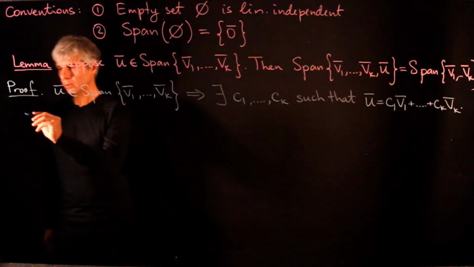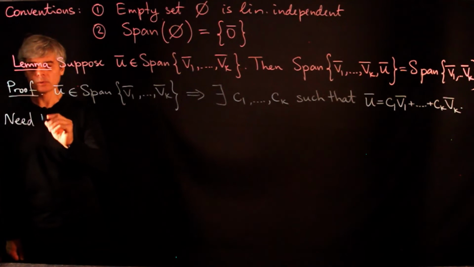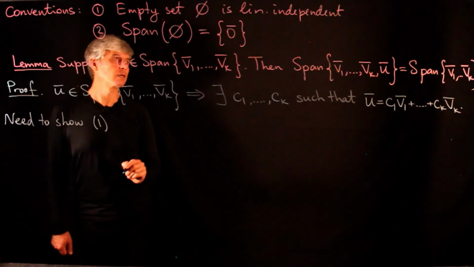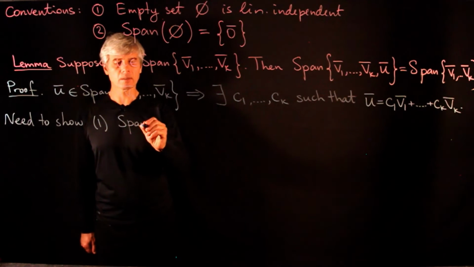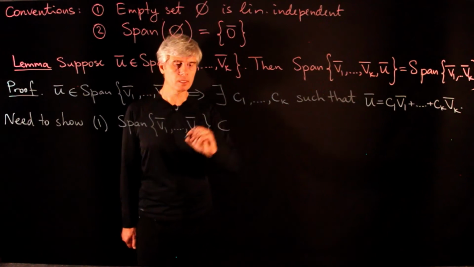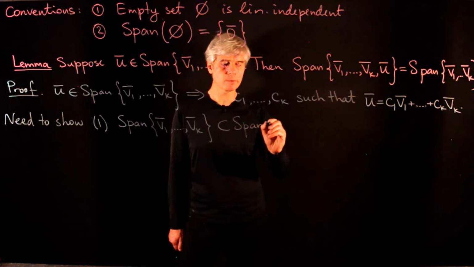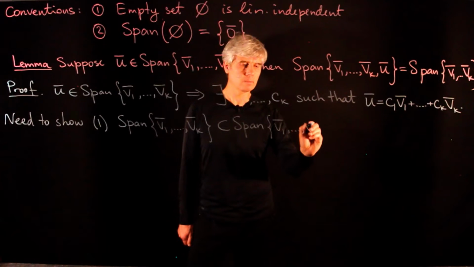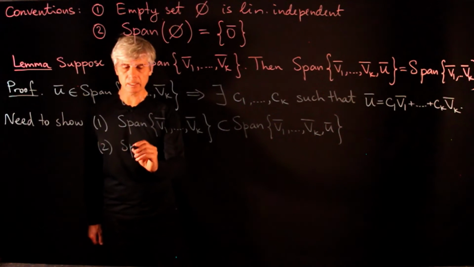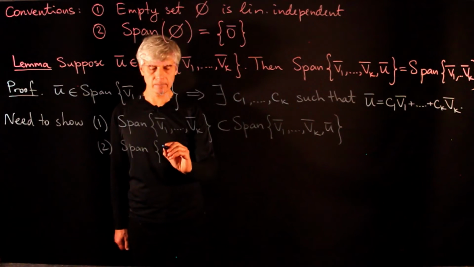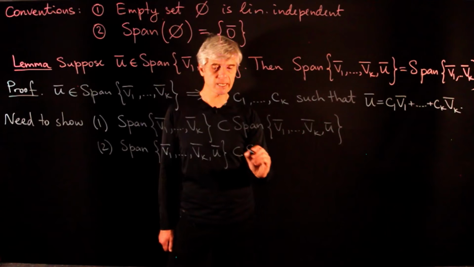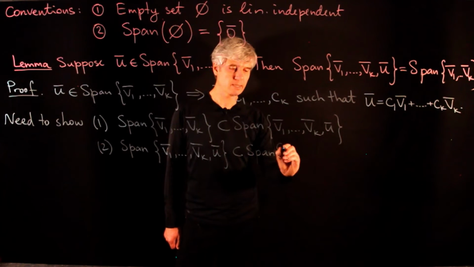To show equality of two sets, we need to show, one, that the span of the smaller set is a subset of the span of the bigger set, and two, that the span of the bigger set is a subset of the span of the smaller set.